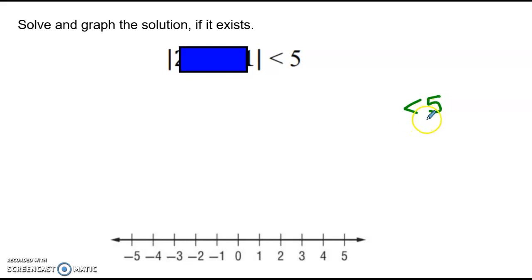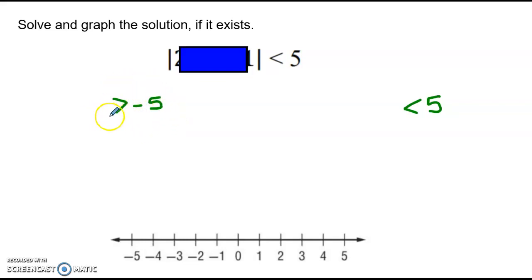And now we have to think about what negative numbers will make this statement true. What negative numbers, if I take their absolute value, will still be less than 5? So now you're thinking of numbers like negative 4, negative 3, negative 2, and negative 1. In other words, anything greater than negative 5.